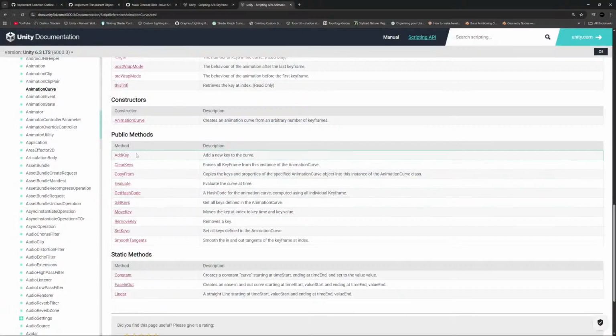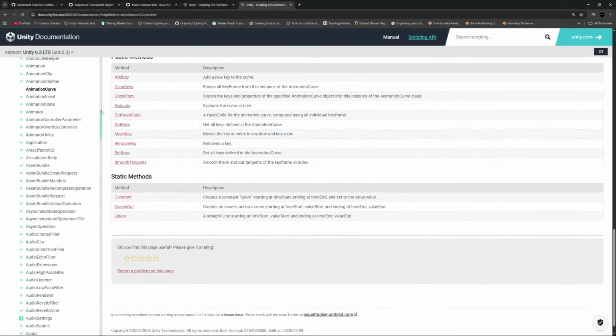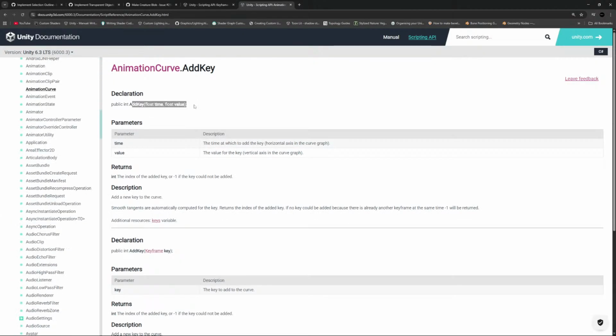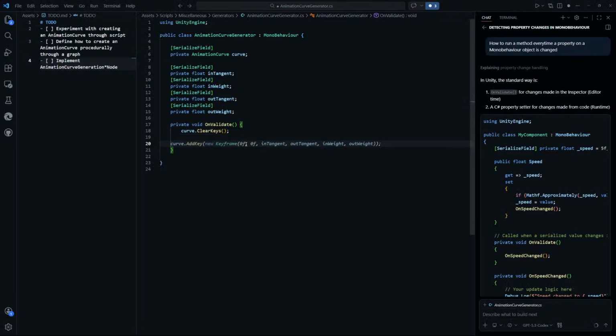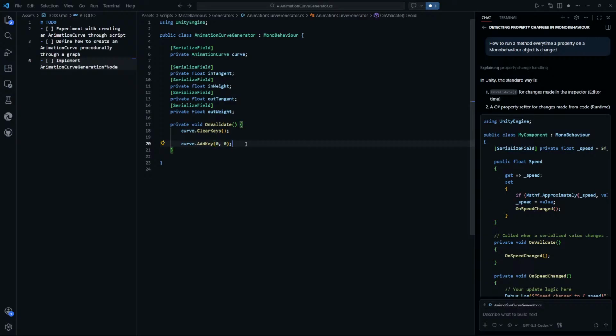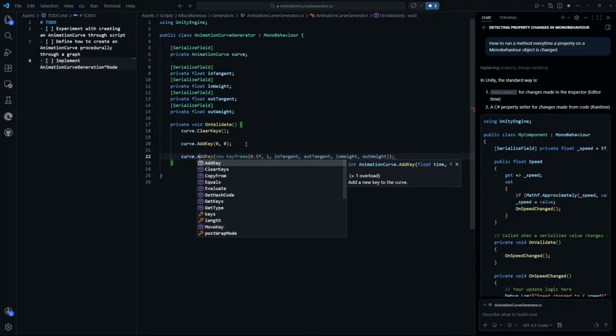Yeah, we're gonna add a key. Curve dot add key 0, 0. And add key 1, 1.